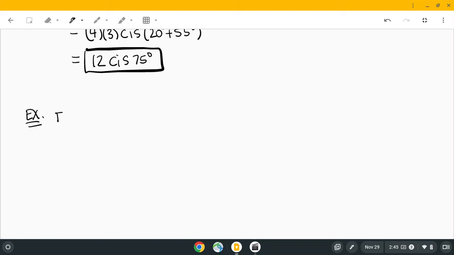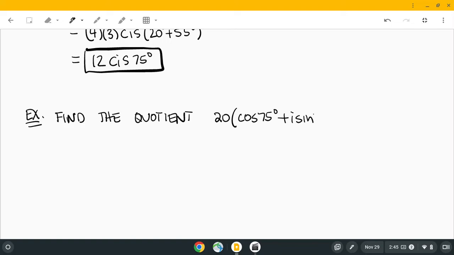Okay. Find the quotient. 20 times cosine 75 degrees plus I sine 75 degrees divided by 4 times cosine 40 plus I sine 40.